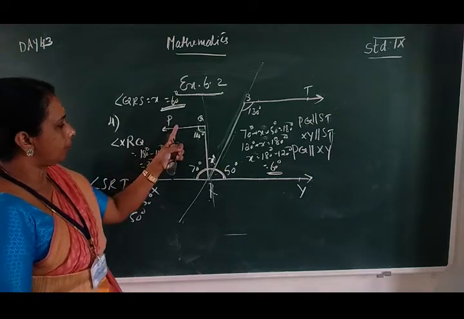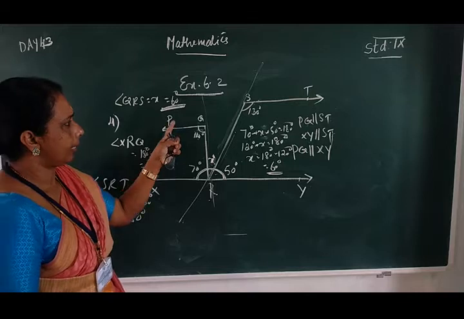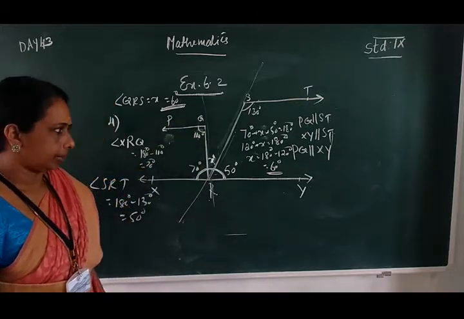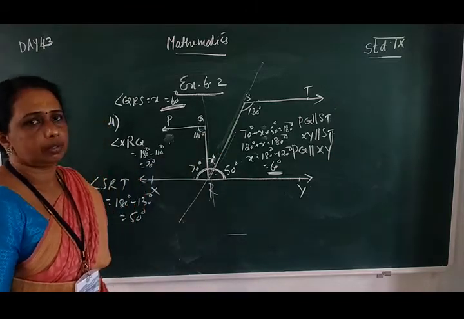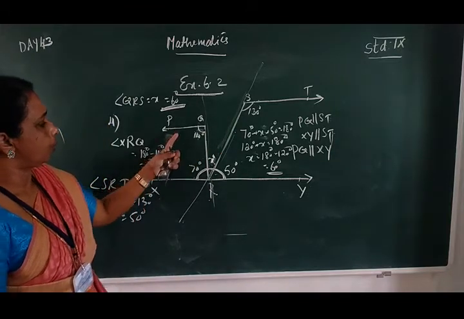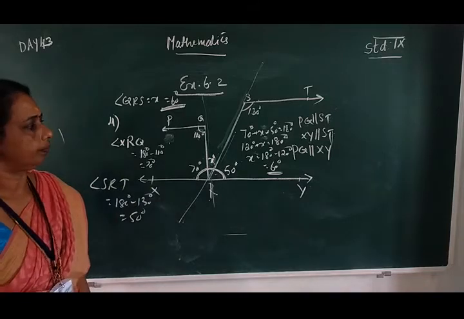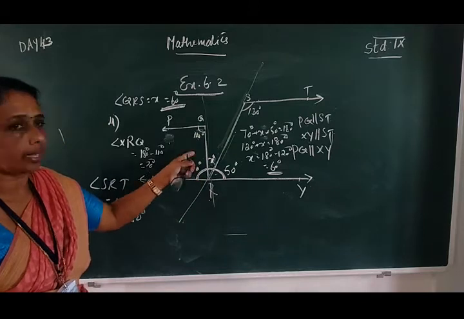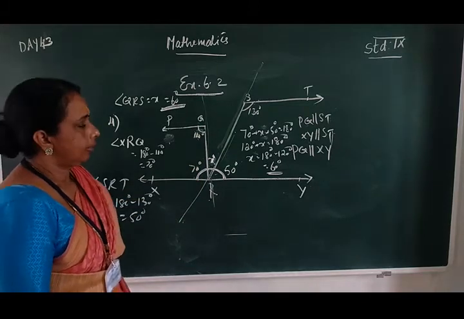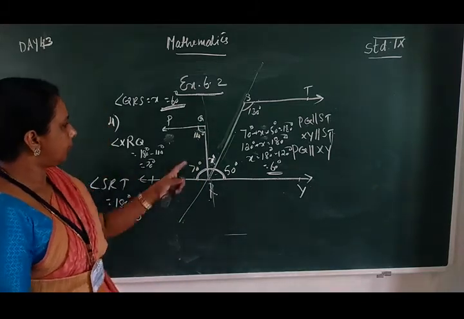Already given, PQ is parallel to ST. By construction, ST is parallel to XY. So we can say that PQ is parallel to XY. These two lines are parallel and this is the transversal, so co-interior angles are supplementary. We already studied that.